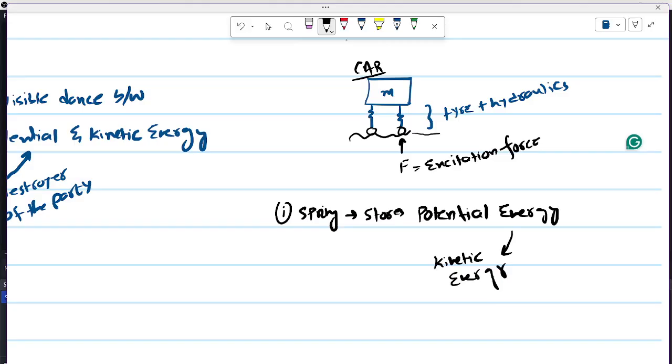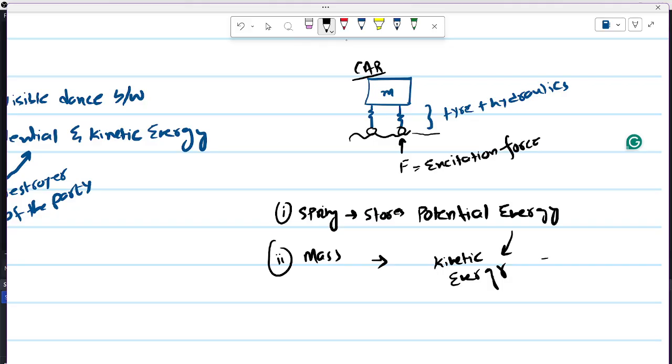right? And there comes the second element of the vibrating system, that is mass, or inertia, you can say, because inertia exists because of the mass. When this potential energy has been converted into kinetic energy, this makes sure that the system keeps on moving, because inertia opposes the change in the state or the motion of the body.